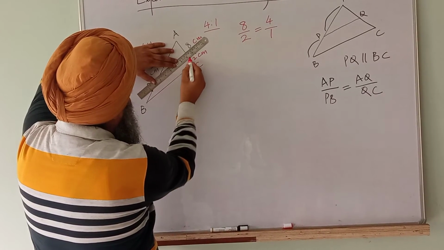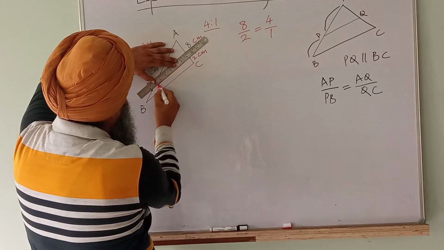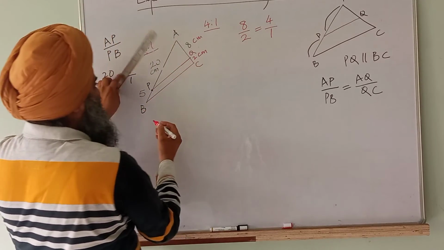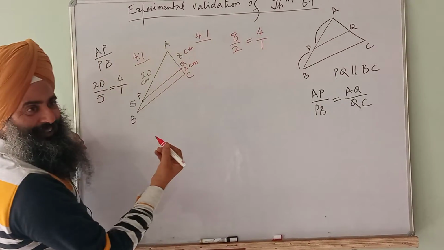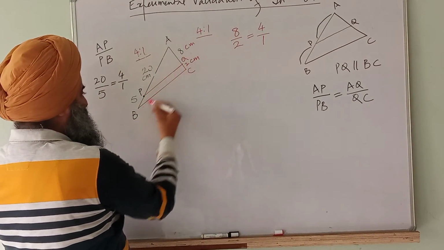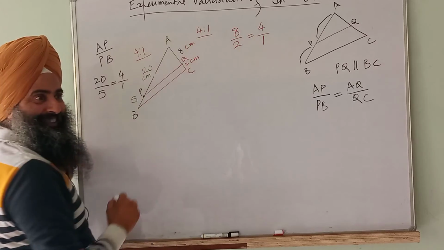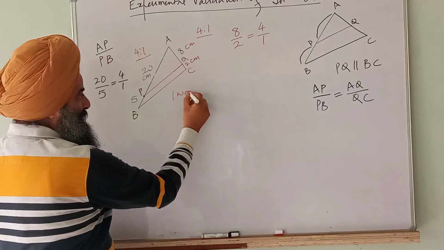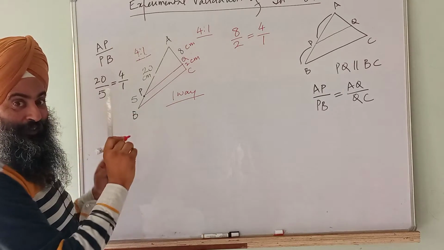I am going to join this. Now you see, students, exactly you can see. You are so happy. PQ is parallel to BC. That is experimental validation. This is one way to check the theorem experimentally.